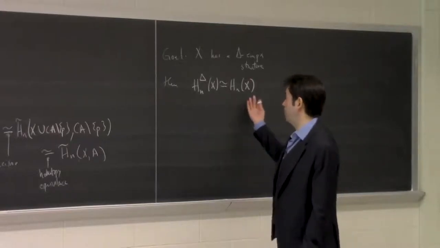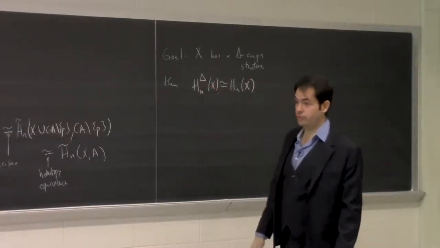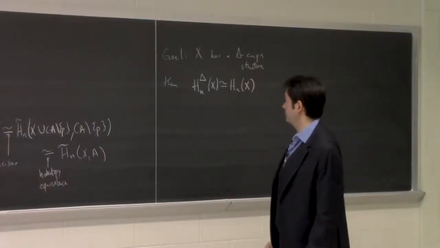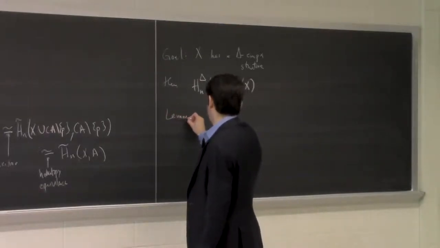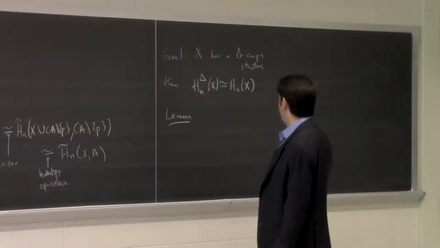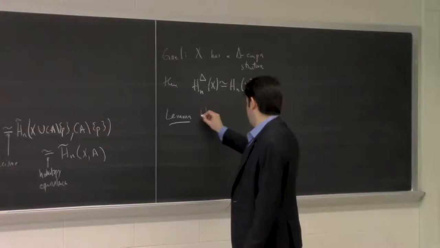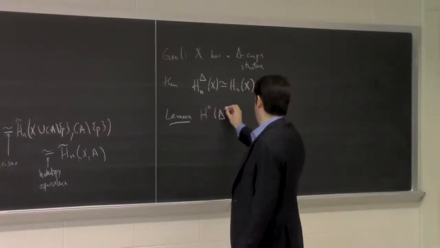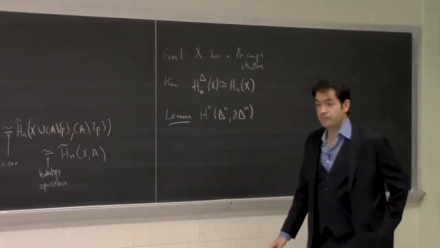And this is how we're going to prove that, in particular, it doesn't depend on which delta complex structure you use. En route to this, let's look at this group, Hn.